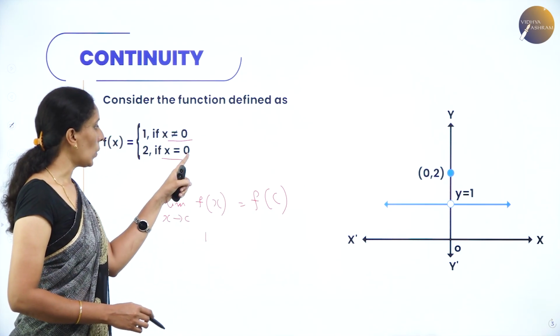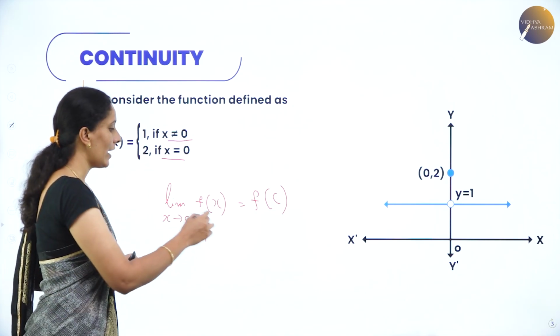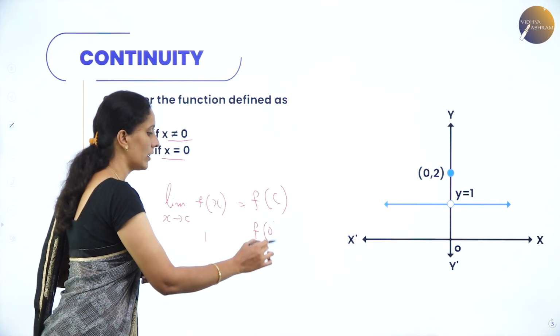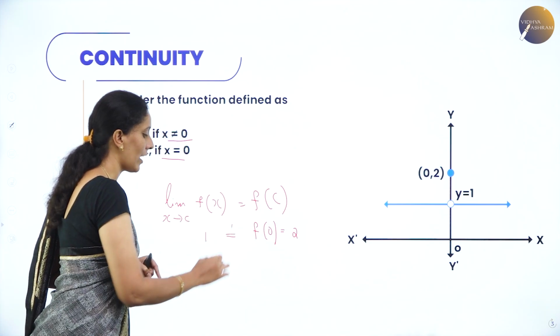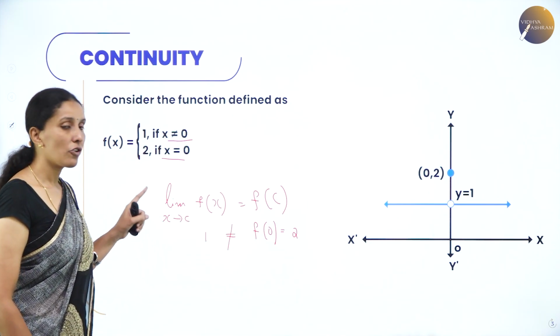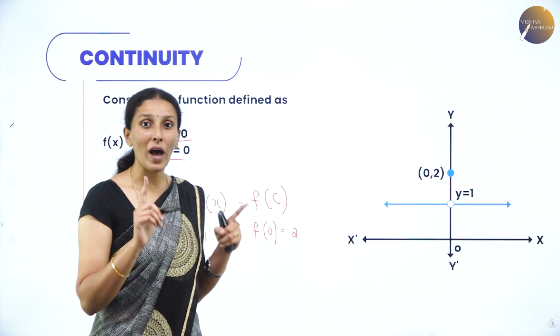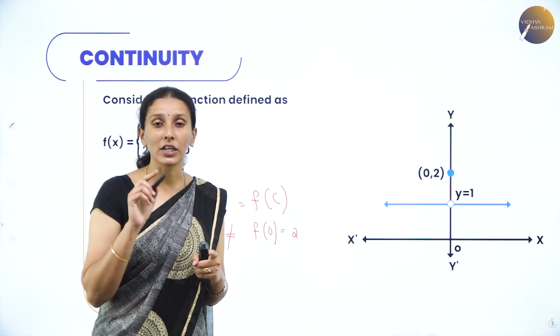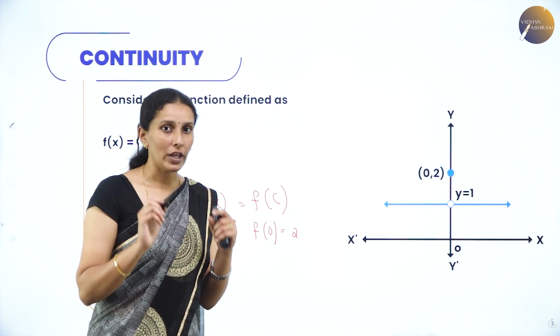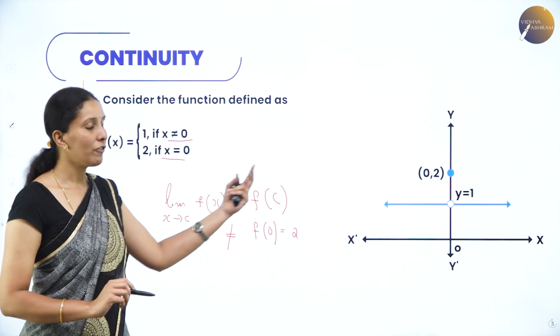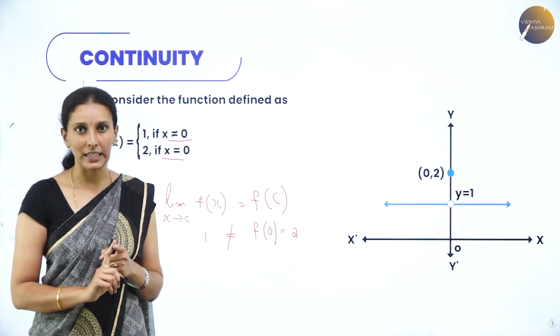And f of 0 is 2. So clearly, f of 0 is equal to 2, but here they are not equal. Whenever the limit of the function is not equal to the value of the function, we say the function is not continuous. So therefore, this is an example for a function which is not continuous.